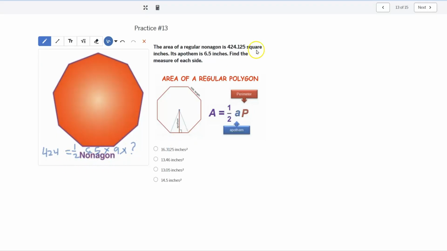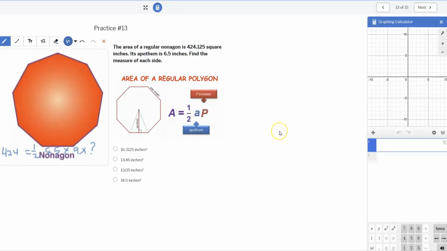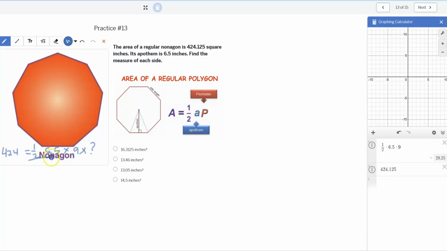So now all we have to do is just kind of work backwards. Let's just go ahead and put it in our calculator and say, well, what's the 1/2 times 6.5 times 9? This is going to be everything besides the x, right? Now on the other side, we had 424.125. So if we wanted to get x by itself, we needed to divide this by the question mark, or our x.